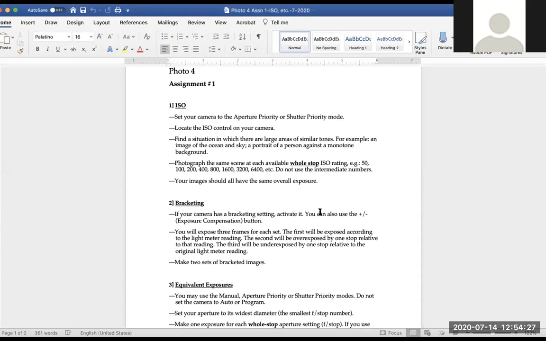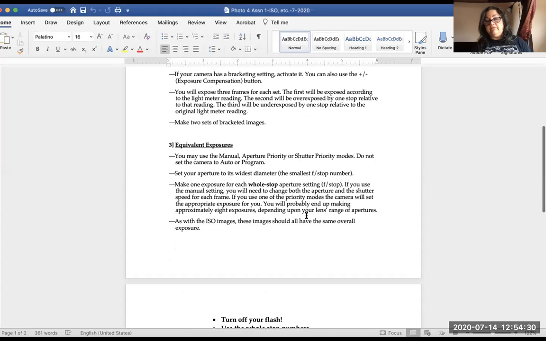The third part of the assignment is equivalent exposures, which is what we went over last time in class, so to speak. And equivalent exposures is making use of the other shutter speeds and apertures other than what your light meter says is correct.